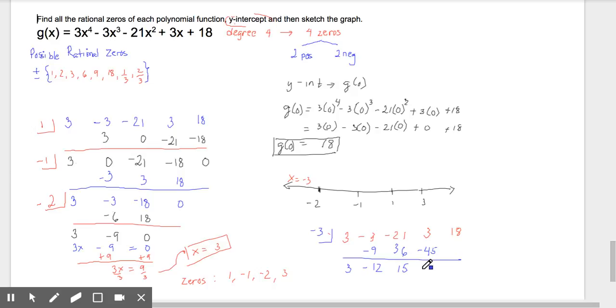This is negative 42. And negative times negative is some positive number. And add that to positive 18, we're going to have a positive number here. Therefore, g of negative 3 is positive, and therefore it's going to be above the x-axis.